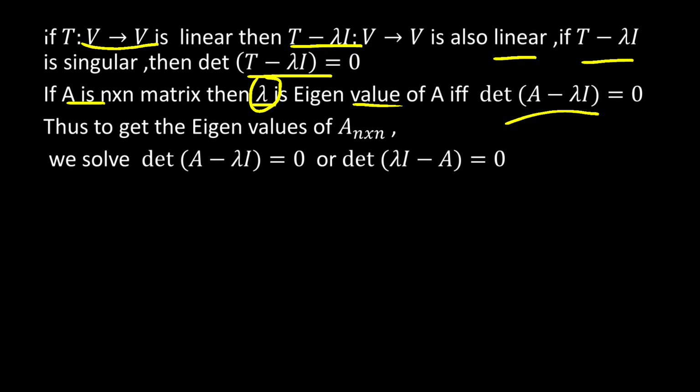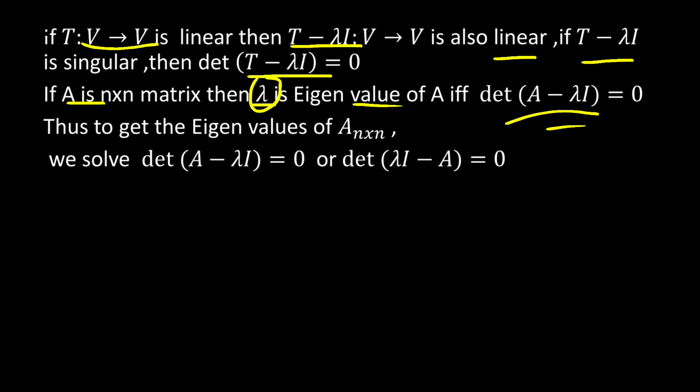If it happens that it's not 0, then you know automatically that lambda is not an eigenvalue. So basically, if you are told to find eigenvalues of a given matrix, what you need to do is get the determinant of this matrix, and if it is equal to 0, then those will be the true eigenvalues of that matrix.